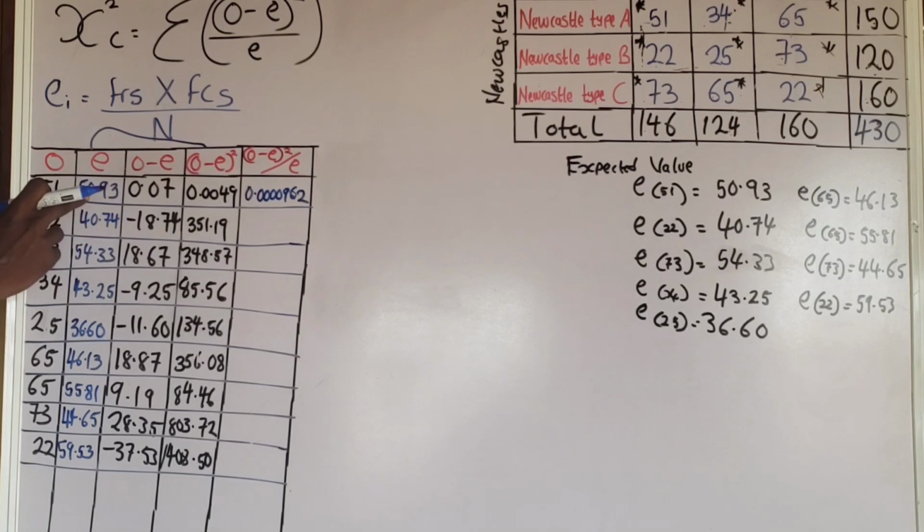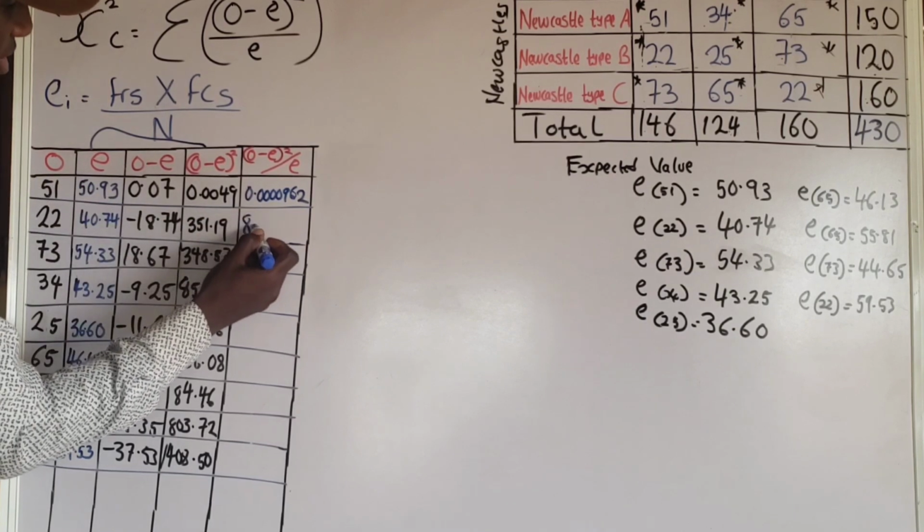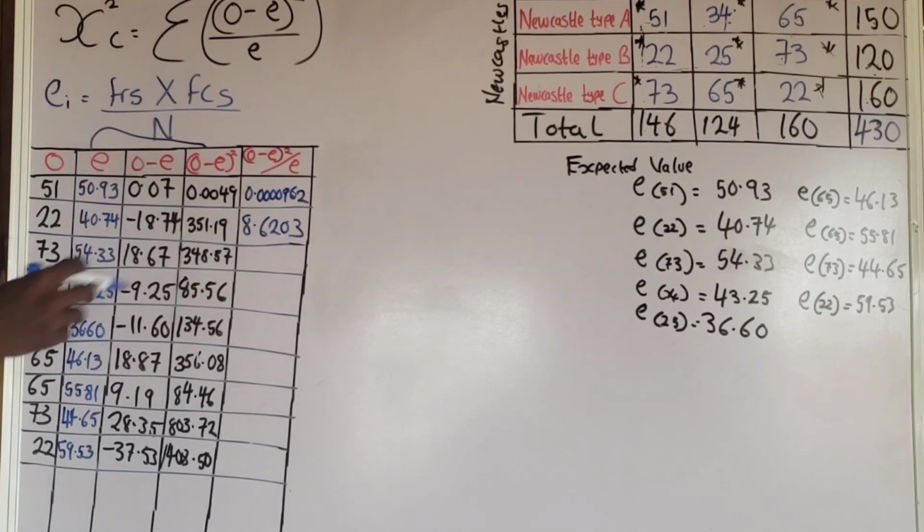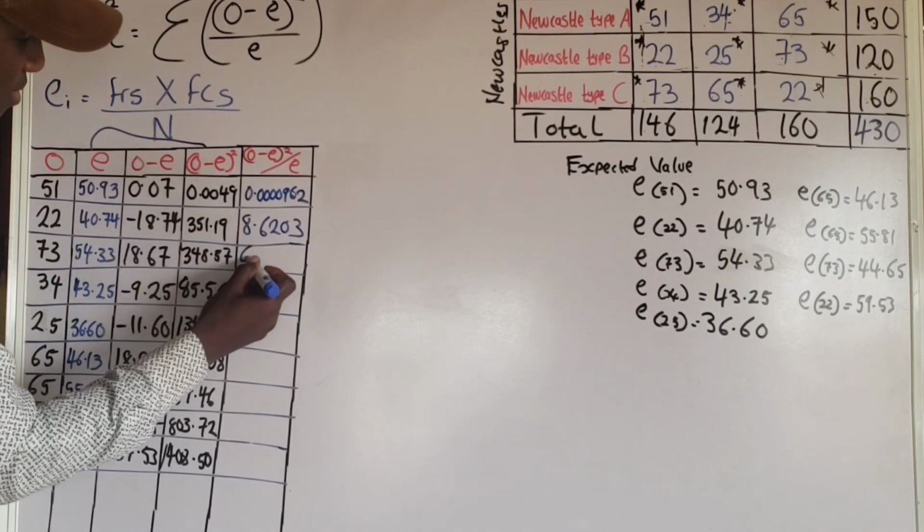That is 8.6203. Okay, for these cells we're going to have 348.57 divided by 54.33. That is, sorry, 6.4158.